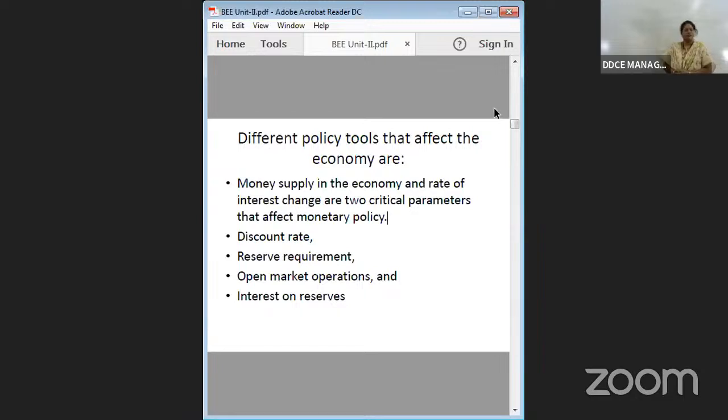Right? That has already been discussed by us. Today we'll first talk about different policy tools that affect the economic rate.